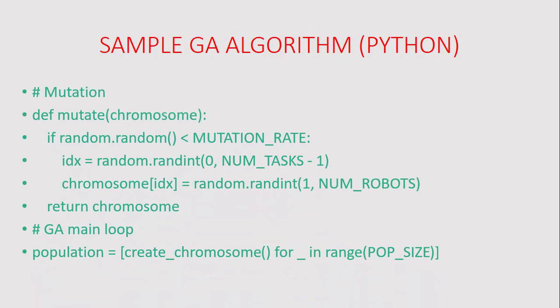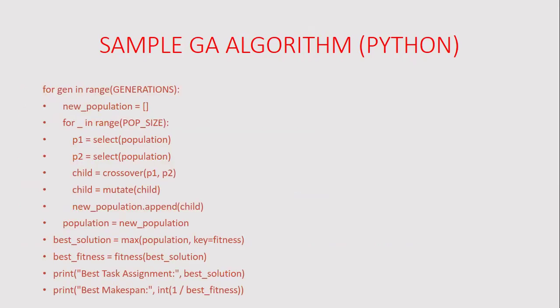Then again run the same program for another possible combination of iteration. Find out at last the best task sequence and best makespan time. We have to print that output by defining the print function.